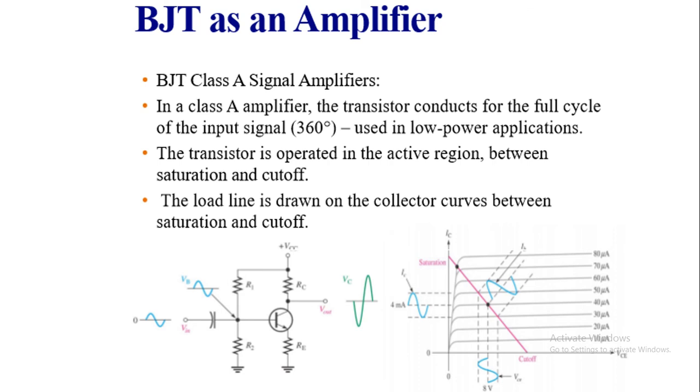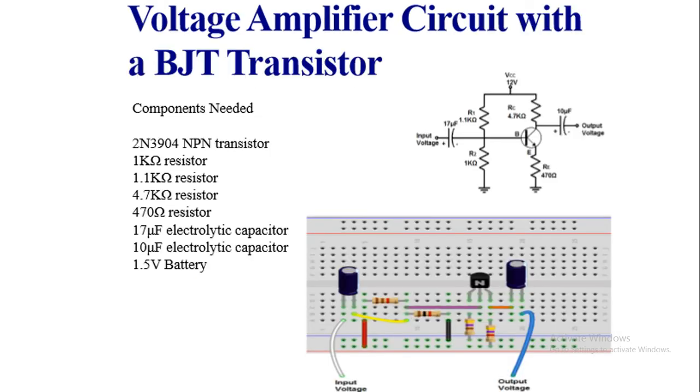Okay. And the diagram is shown here: a voltage amplifier circuit with a BJT transistor, the electronic diagram. We have here the input voltage, then a capacitor of 10 microfarad, and we have the combination of resistors in this diagram and the BJT here.